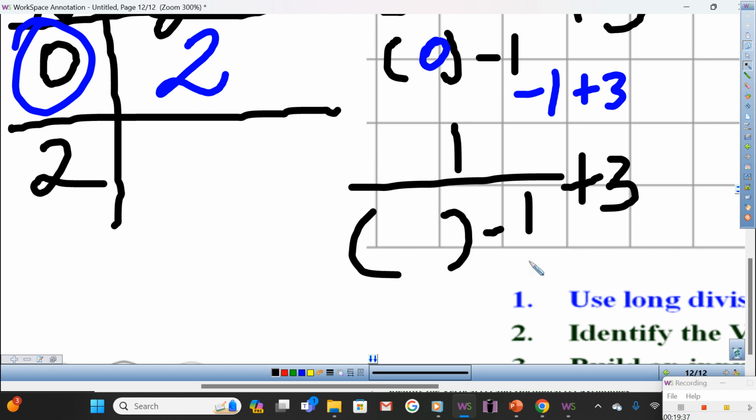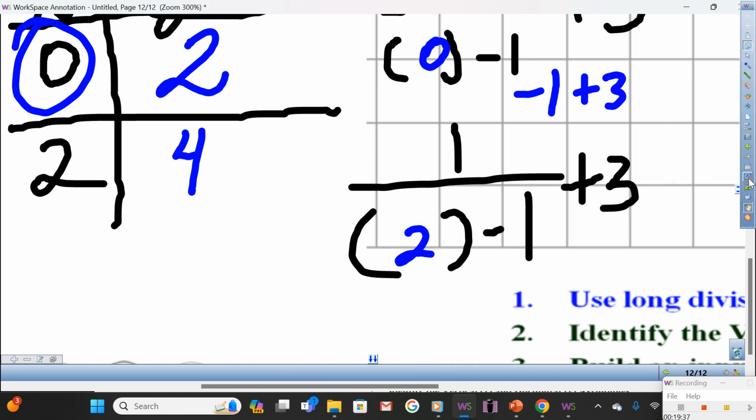Next value is 2. All right, Brandon, Darty, 2 minus 1. Divided by 1, plus 3. So far so good, yes?